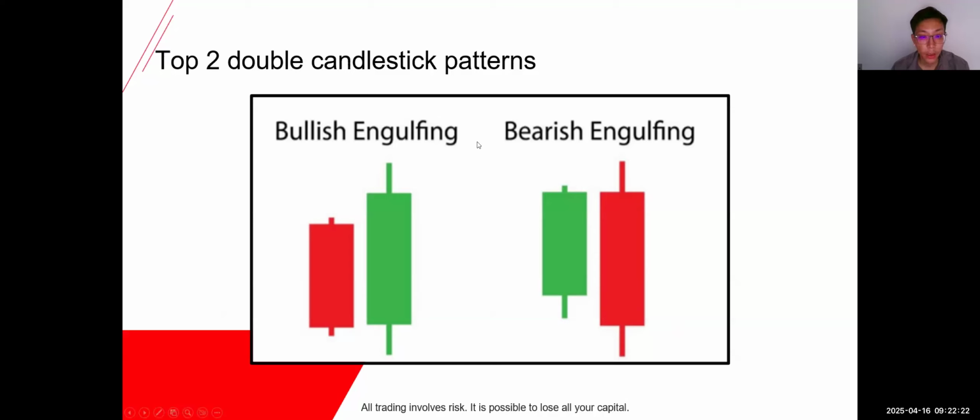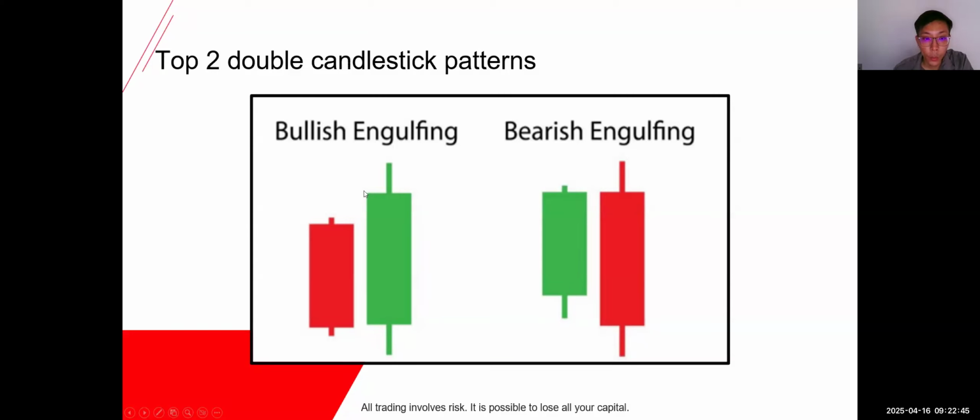This is the one that you have to remember, and this is the one that you will be using most of the time, right? Later on, I'll show you guys on TradingView how you can utilize these candlesticks. Okay, very, very simple stuff.